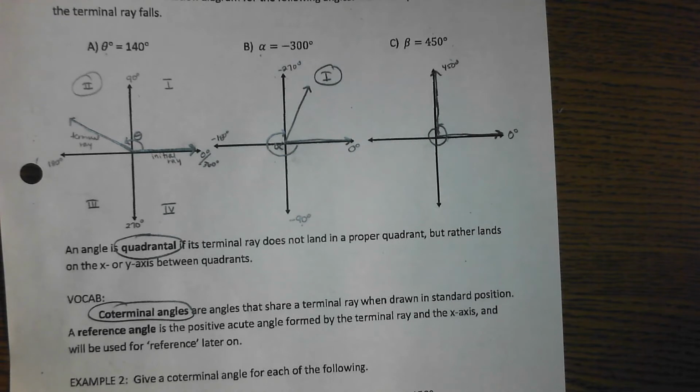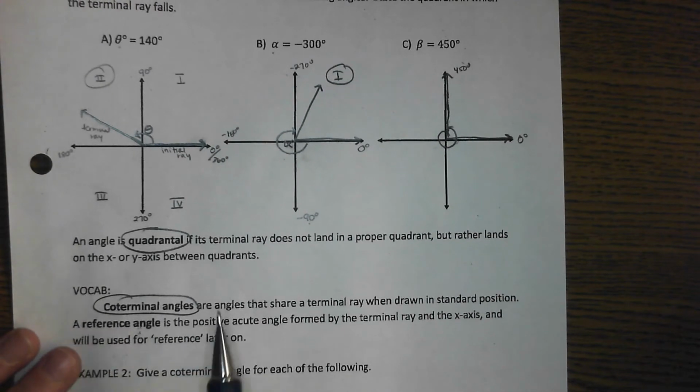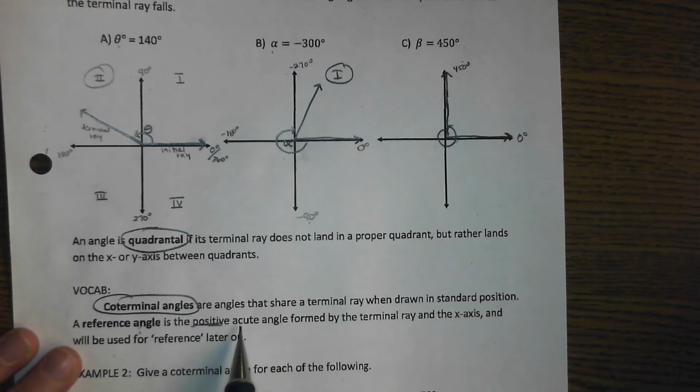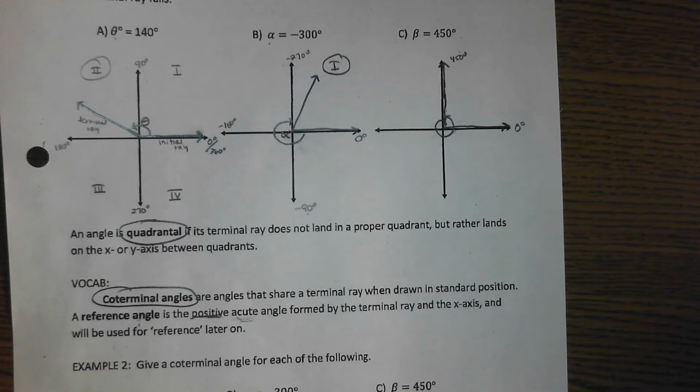Because the only true angles that you will really be required to know about and be asked about are angles between 0 and 90. And every angle has a reference angle. The reference angle has to be positive, acute, which is a little bit of a stretch because it could technically be 90, but it is the positive acute angle formed by the terminal ray and the x-axis.